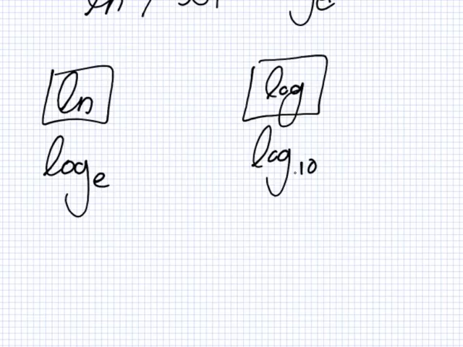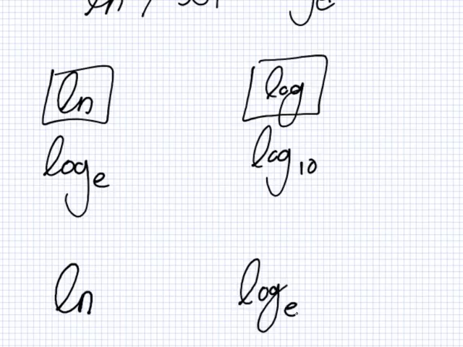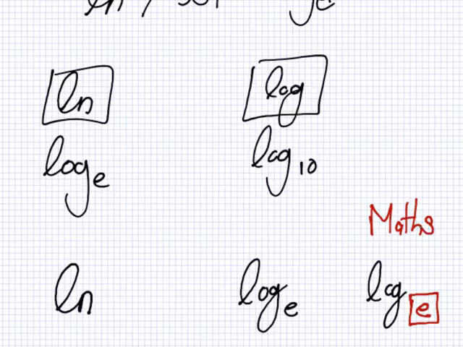Why will you make this mistake? Because often in the exam, they don't write ln. Sometimes they do, but sometimes they write log base e, or sometimes they just write log. If there is no base, you assume the base is e in maths. And you can only do this in maths, not in other subjects that use log.